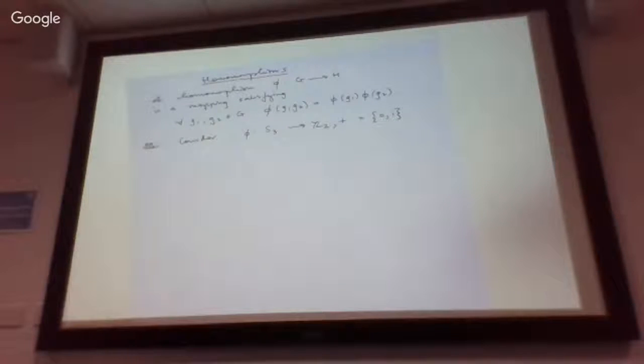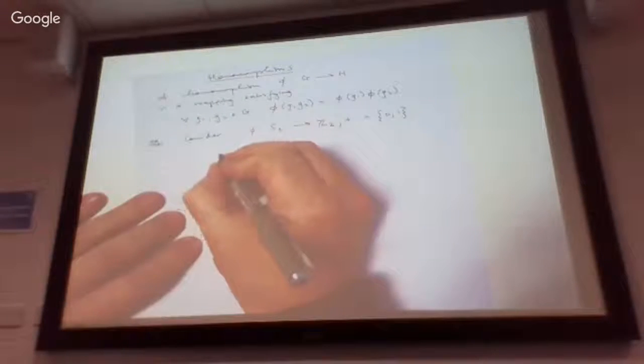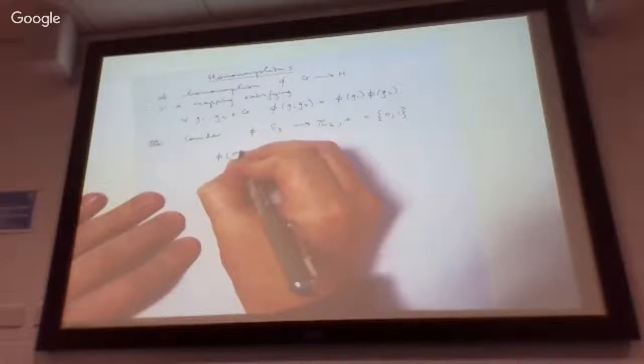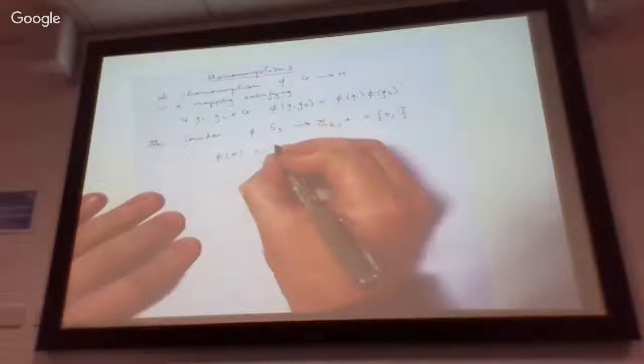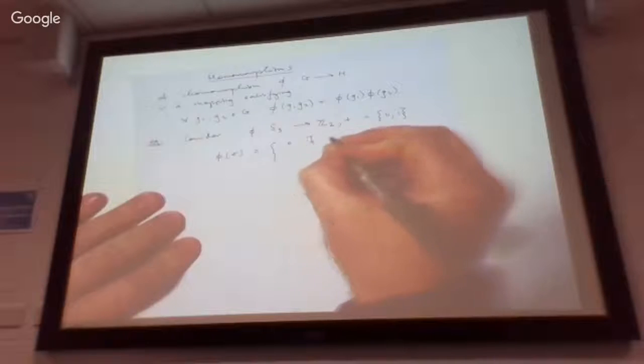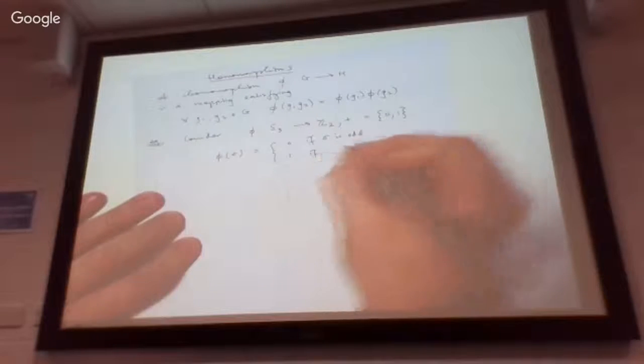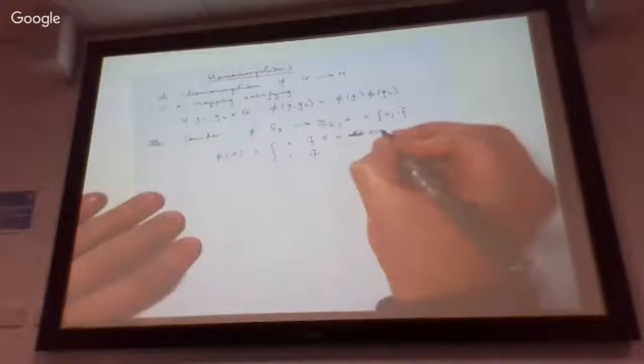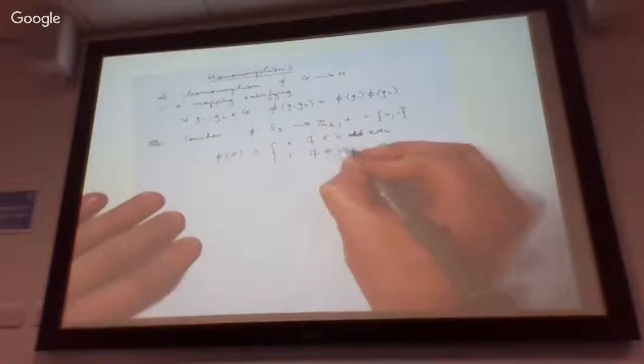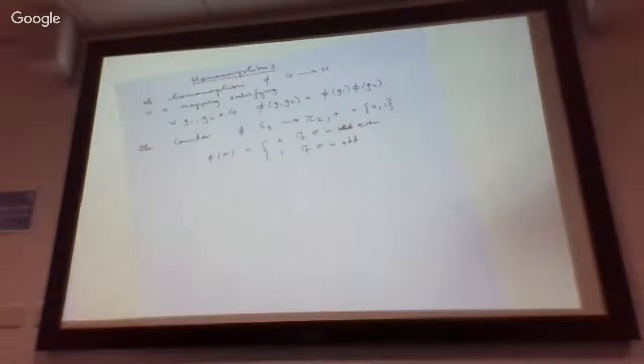The rule is that phi of sigma is going to be 0 if sigma is even, and 1 if sigma is odd. Remember, permutations are called even or odd depending on whether their representation as a product of transpositions contains an even or an odd number of those transpositions.